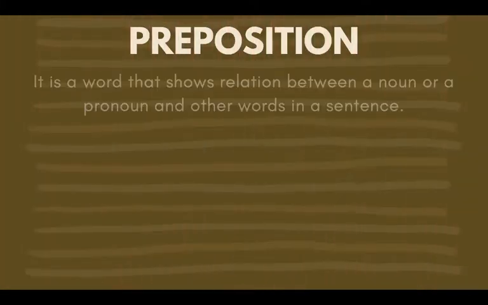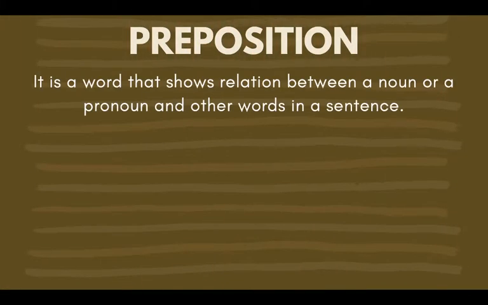Preposition. It is a word that shows relation between a noun or a pronoun and other words in a sentence. For example, the ball is under the table. You all know that ball is a noun, table is also a noun.